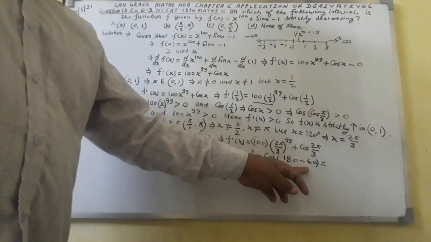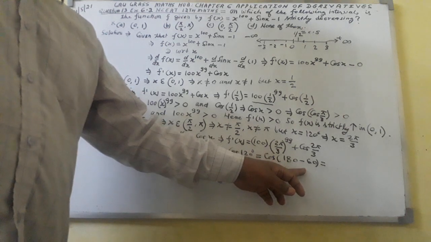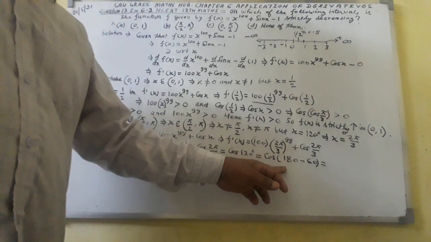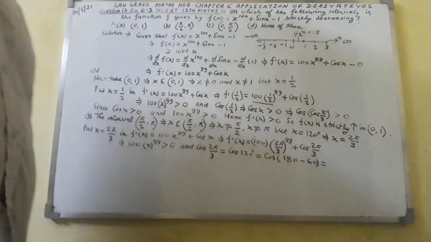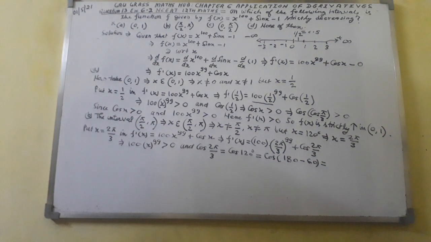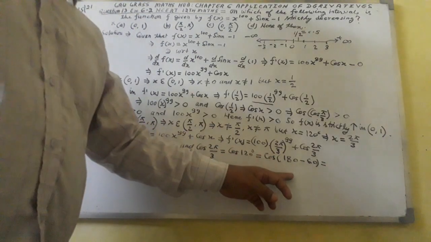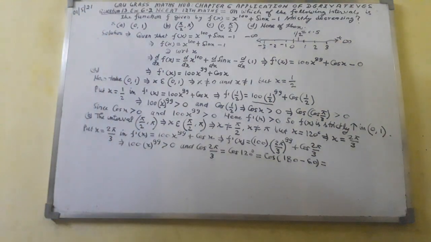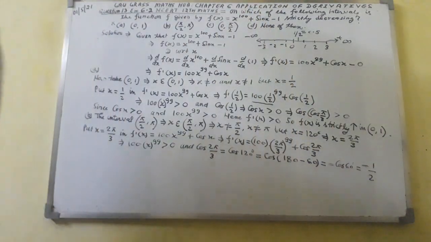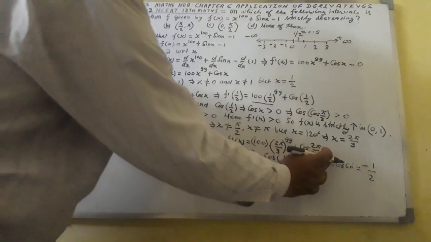180 minus 60 will fall in the second quadrant. In the second quadrant, sine and cosec will be positive, rest of the trigonometric ratios will be negative. So here write minus cos 60 degree, which comes out to be minus 1 over 2. This is the minus sign here.